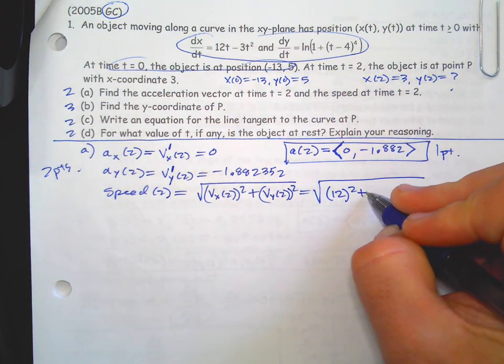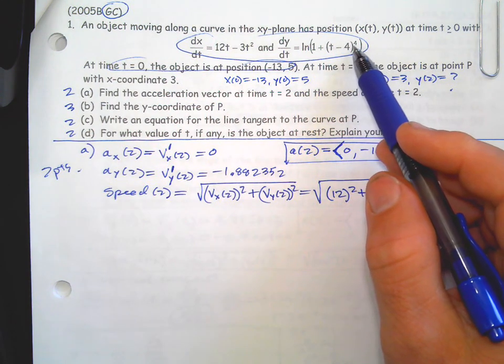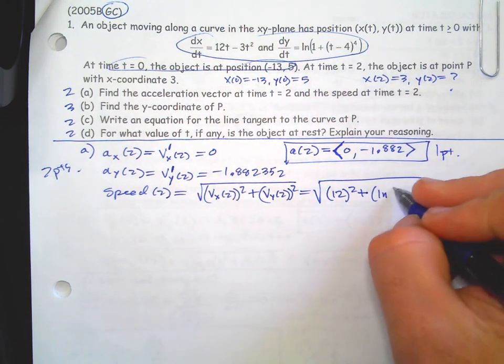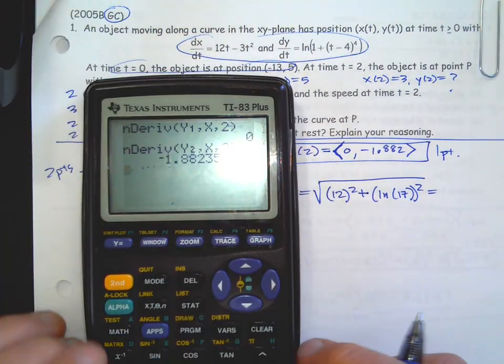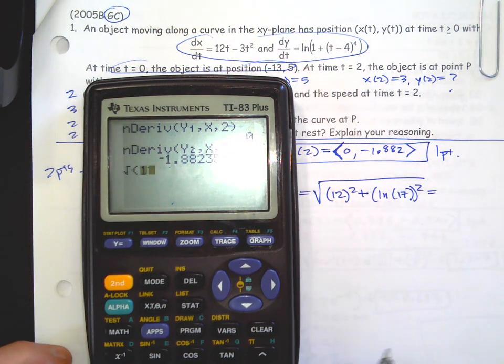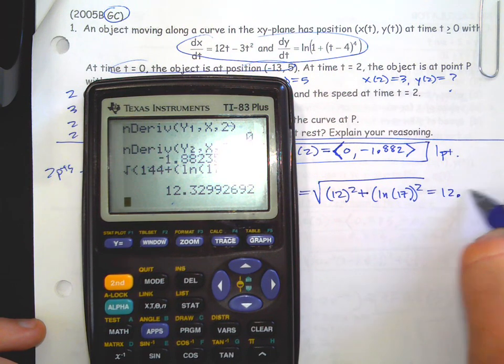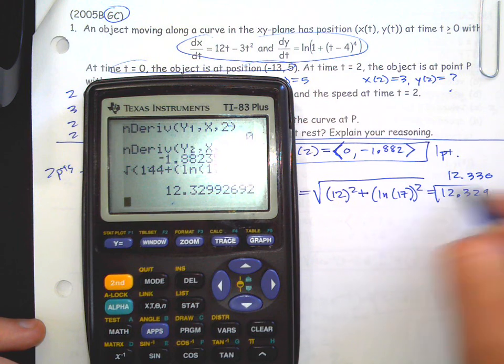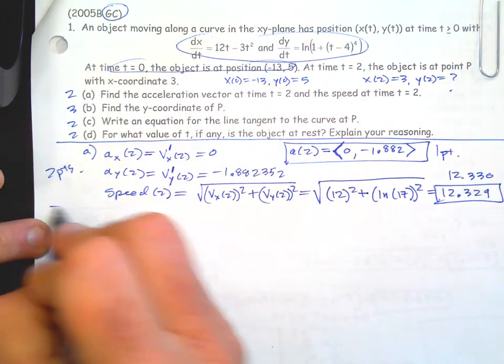And the other one is going to be natural log of, that's going to be 2, negative 2 to the 4th, it's positive 16, 17, squared. So square root of 144 plus parentheses natural log of 17, close, close, squared, close. 12.329 or 12.330. That's a point. Acceleration vectors, speed, which should be easy now.